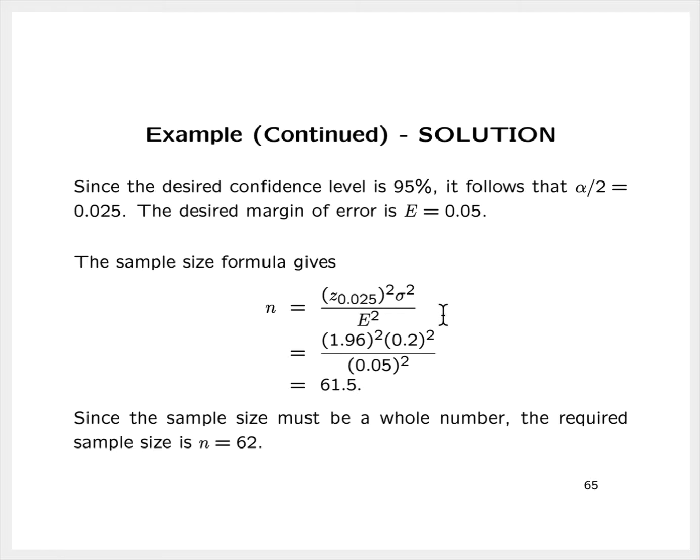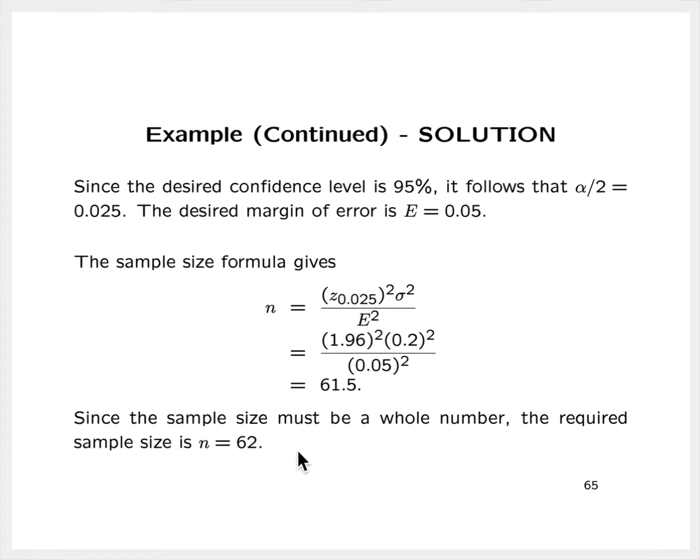We've been assuming here, and again, this is based on previous information from historical track record of this machine, that the population standard deviation is 0.2, and so the variance of the population would be 0.2 squared. And then the desired margin of error is 0.05, and you can see we have to be sure to square that. And so we plug those values in, and we get a value of 61.5.